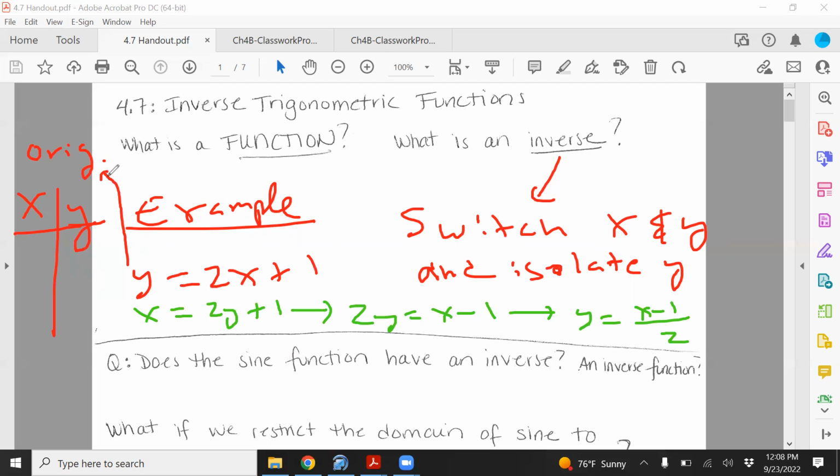What if I were to plug in some points into y equals 2x plus 1? Let's say I plug in 0. What would y be? Into the original function. If I plug 0 in, what do I get for y? 1. How about if I plug 1 in? How about -1?